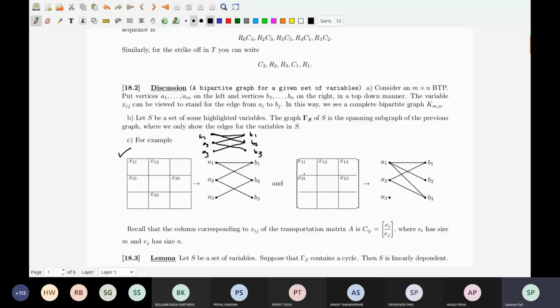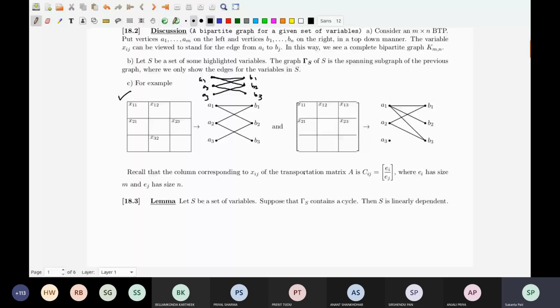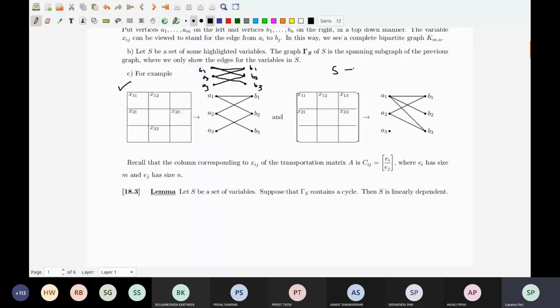Okay. The first proposition is that, if S is my set of variables, some set of variables, then the graph I denote by gamma S. This is this bipartite graph.